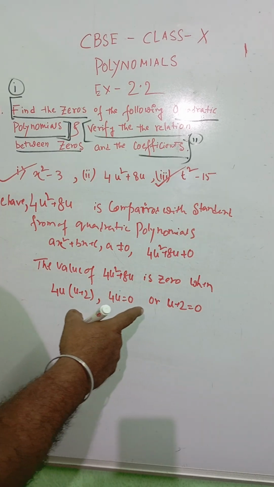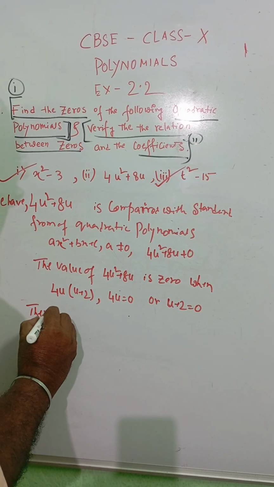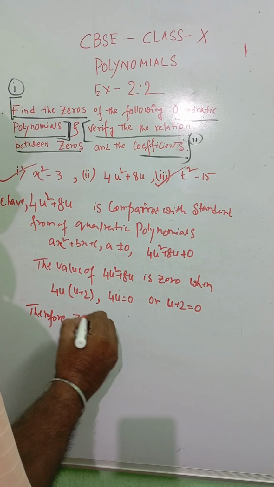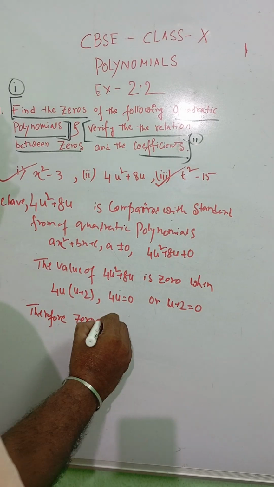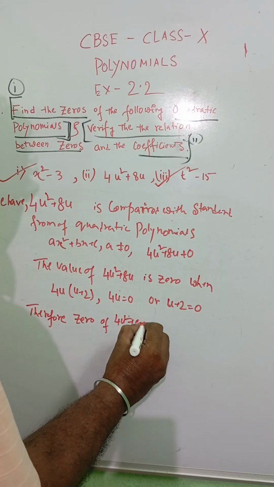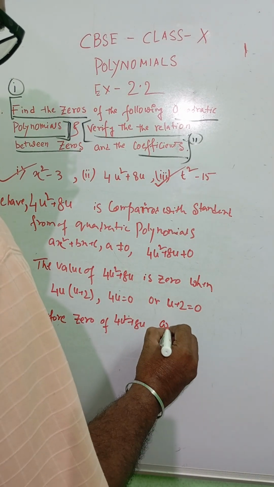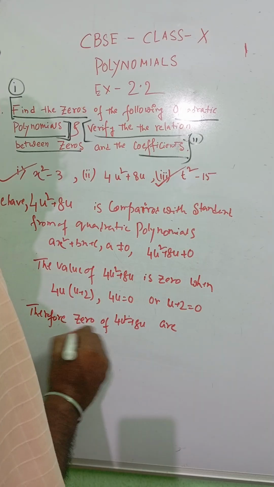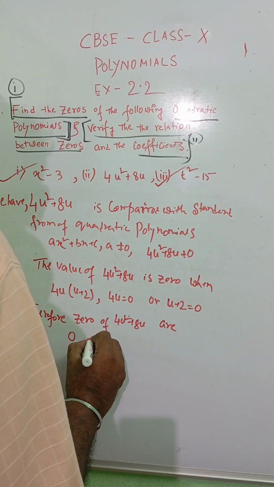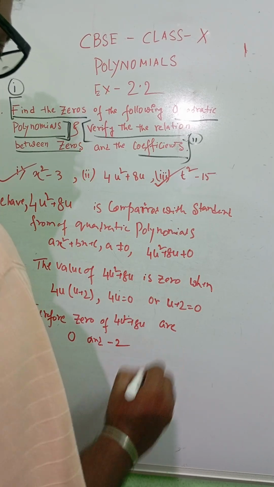When this is equal to 0, therefore, the zeros of 4u square plus 8u are 0 and minus 2.